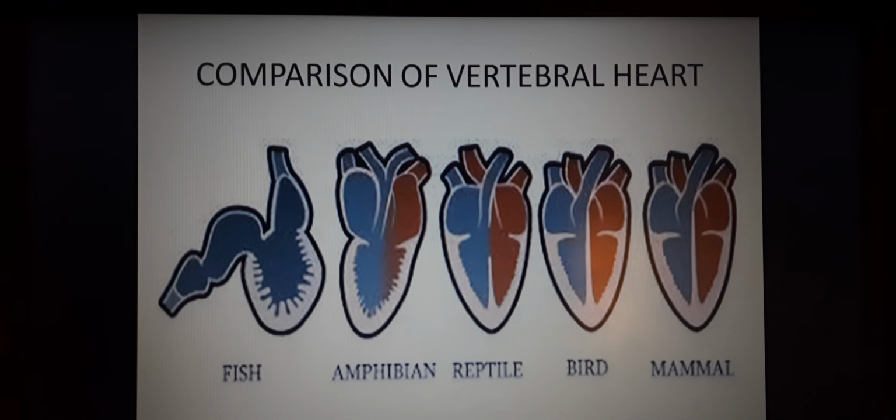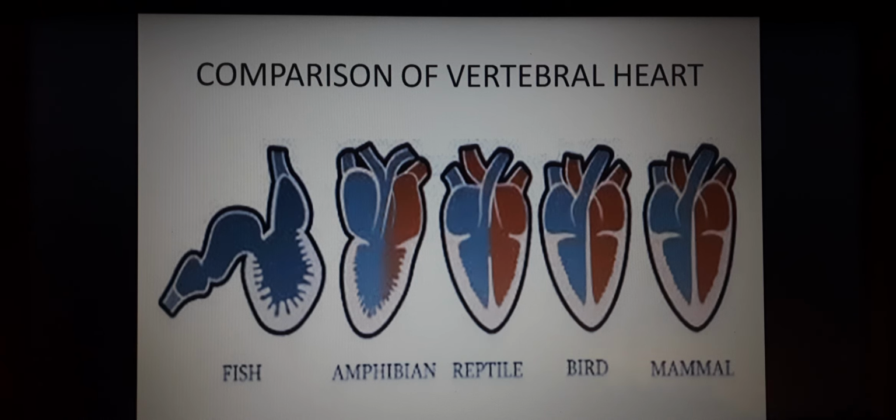You just see, in fishes there is only a two chambered heart. In amphibia there is a three chambered heart. In reptiles there is an incompletely four chambered heart. In birds and mammals, including human beings, there is a complete four chambered heart.